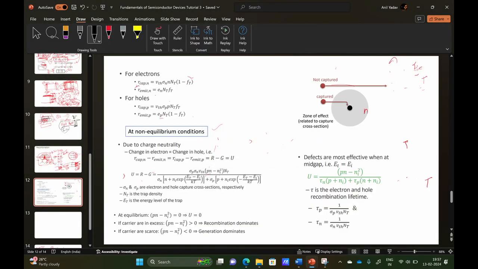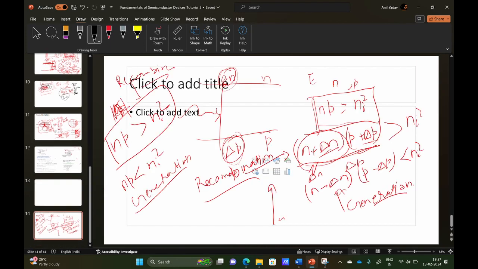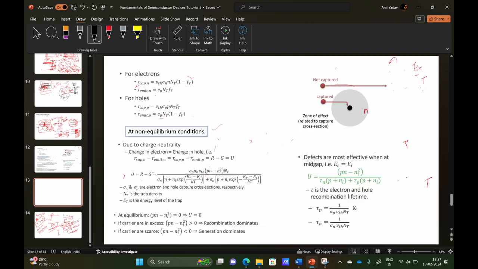Till here we have done recombination and how it is affected by parameters like velocity, capture cross section and trap density.